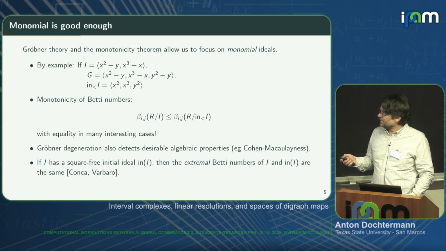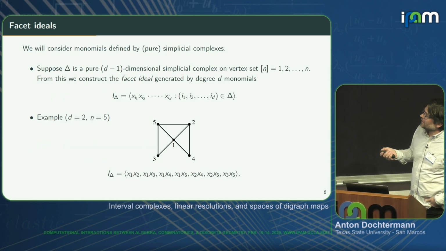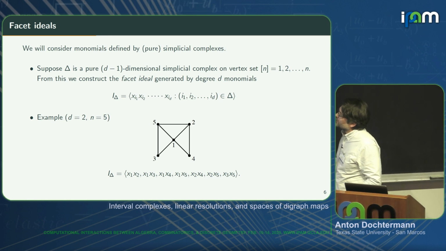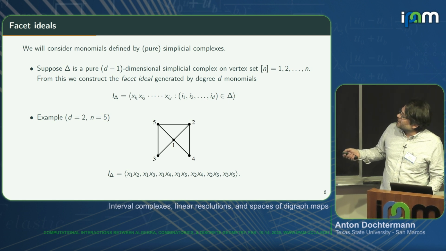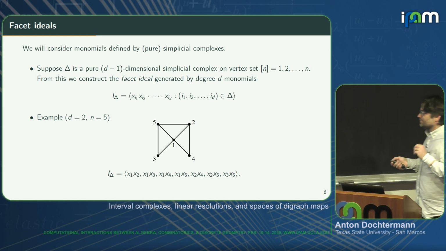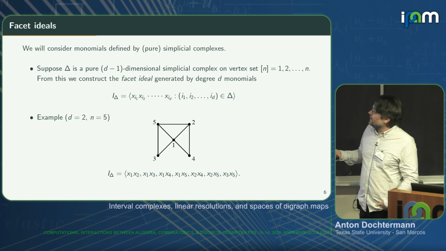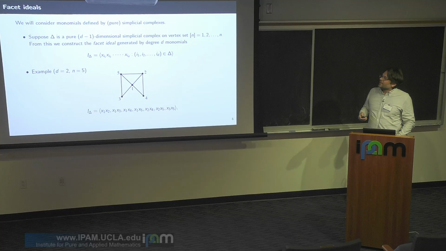Okay, so now slowly getting into the things I want to talk about. I'm going to be considering monomial ideals defined by pure simplicial complexes. The data here will be a pure (d-1)-dimensional simplicial complex on vertex set 1 through n.